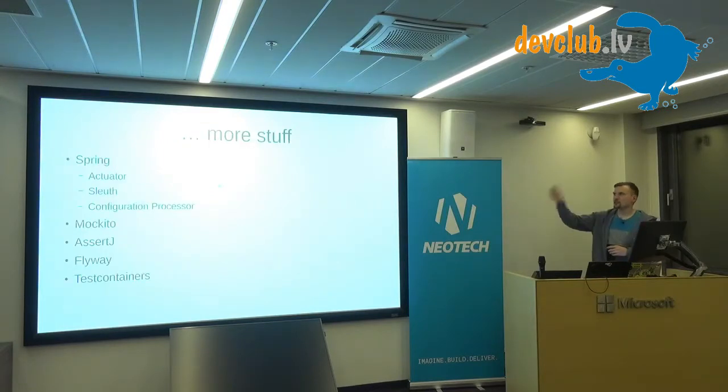And there are some other things which I will not explain, but in Spring there's actuator, sleuth, and configuration processor, which we always use. Mockito, AssertJ for tests, Flyway for database migrations, and Testcontainers. Testcontainers is an interesting thing. It actually allows you to launch Docker containers when you launch your tests, so it helps you with integration tests.